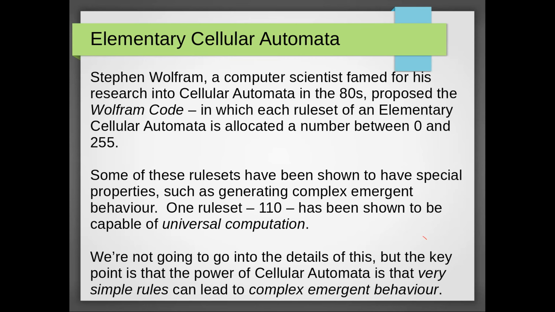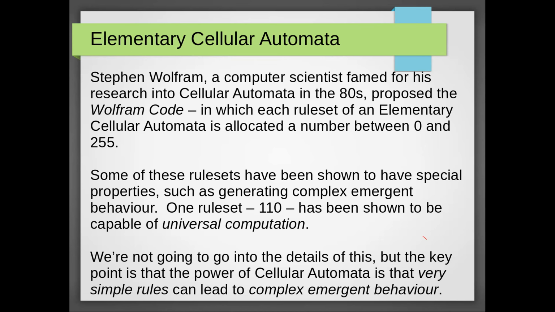What's really interesting is that some of those rule sets have been shown to have really special properties, such as generating really complex emergent behavior. One of them, rule 110, has been shown to be capable of something known as universal computation. Again, I'm not going to go into the details of all this.